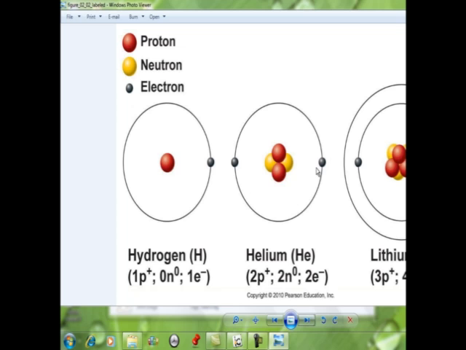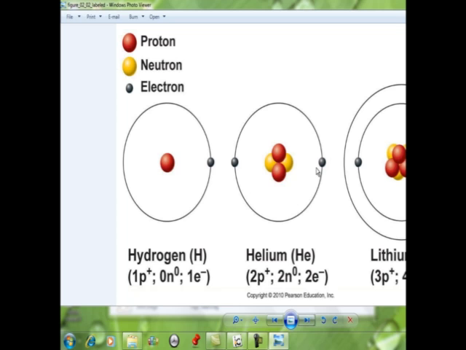These are all neutral. Can we find them in different forms in nature? Absolutely. But just these guys right here, only on this page, are all neutral. And if I'm neutral, what does that mean about the charges I possess? Neutrons I'm not going to worry about because they're neutral, right?